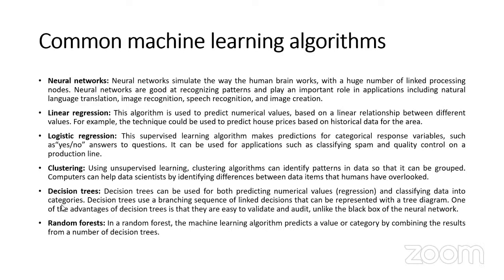Then linear regression: this algorithm is used to predict numerical values based on a linear relationship between different values. For example, the technique can be used to predict house prices from historical data for an area. Then logistic regression, a supervised learning algorithm, makes predictions for categorical response variables such as yes or no answers.